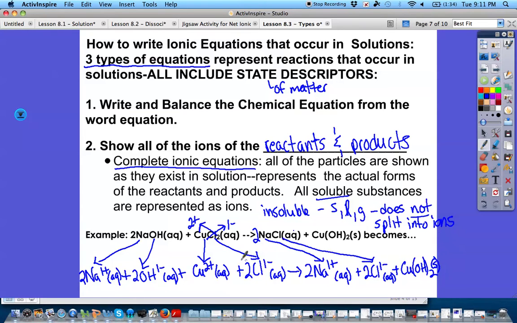Okay. This is our complete ionic equation with all of our ions down here. And you don't need to show the arrows to show what the ions are. I just wanted to show you where those were coming from.